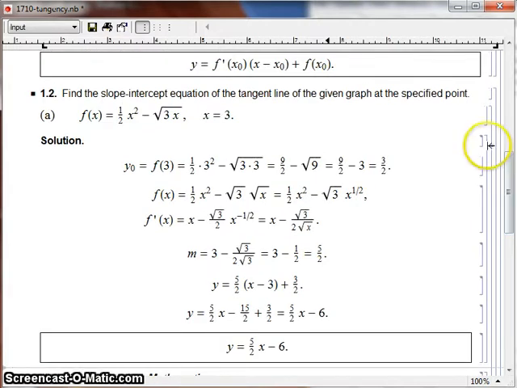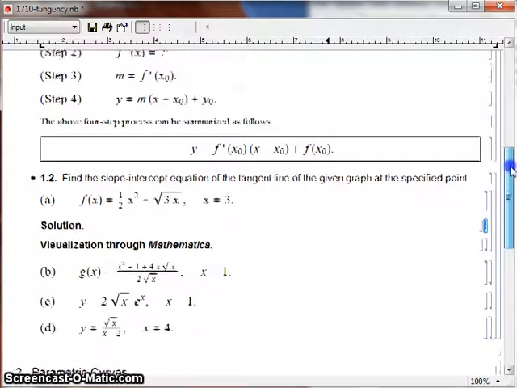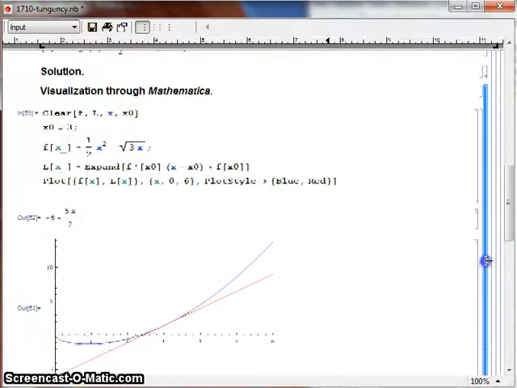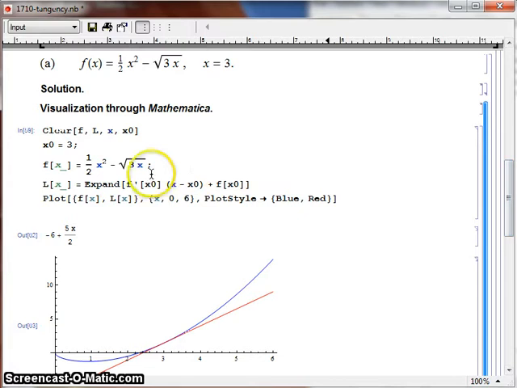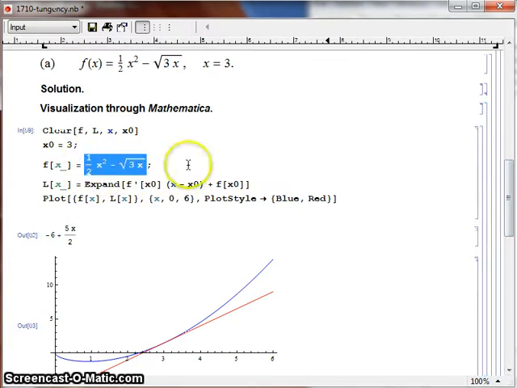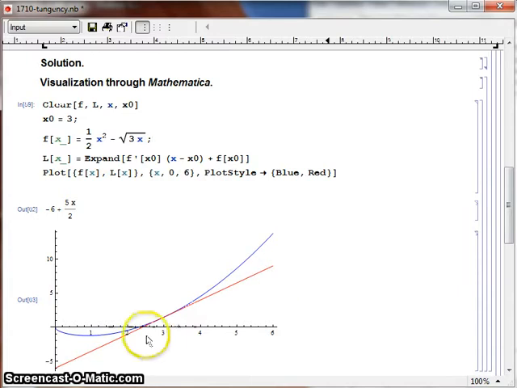Alright, now that we completed the solution, let's verify the solution through a Mathematica program. Here it is. Please note that in this program we are using the very same function, 1/2 x squared minus square root of 3x, and it yielded the blue curve, the original, and the red line, the tangent line, and not surprisingly we have tangency, touching at x equal to 3.